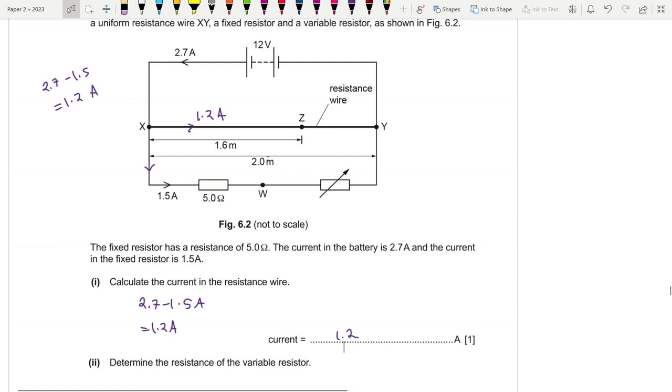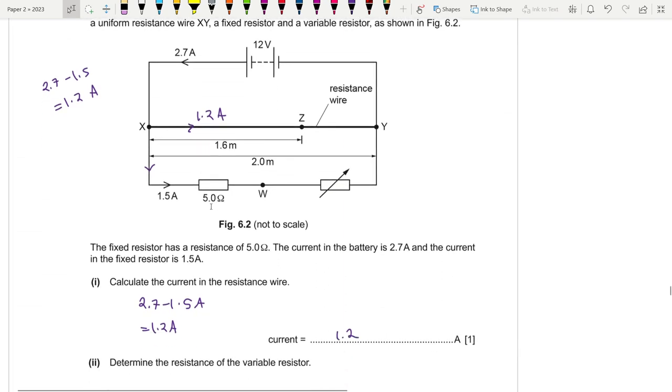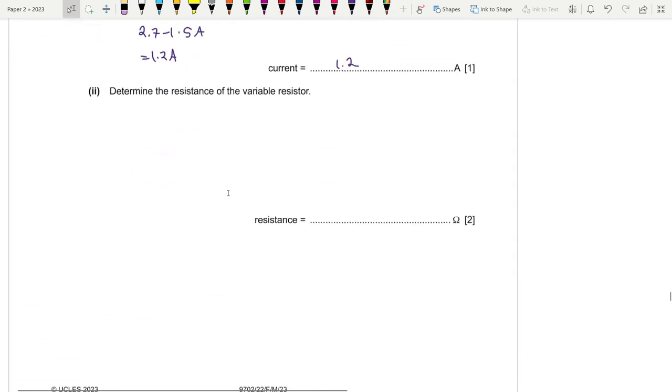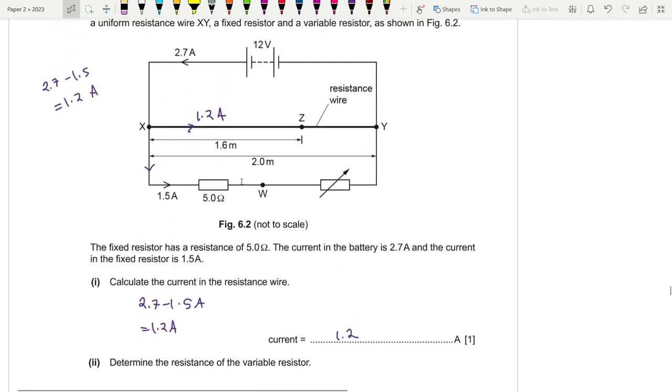Fine. So you guys have to understand something, basically this is a parallel circuit. X and Y is in parallel with the two components down below. So let's try to figure this out.